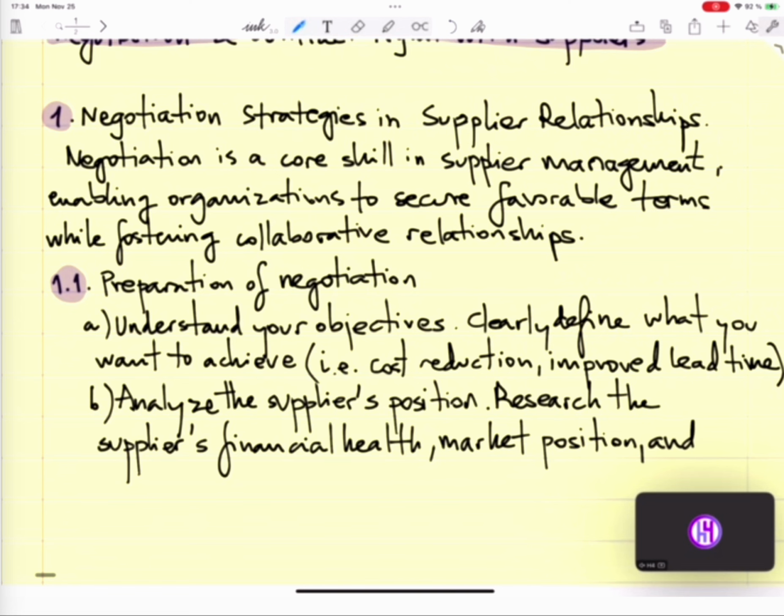So if you are their only customer, you can apply more pressure.